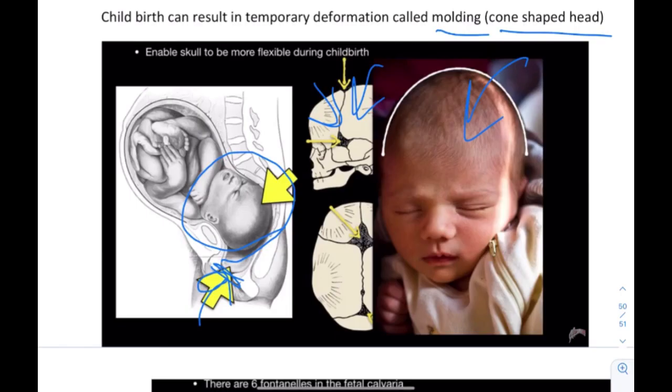And also another important function of these fontanelles is that they allow the developing brain to stretch the skull, because the baby's brain is going to be developing very fast relative to the development of the skull bones. So the fontanelles allow the skull to stretch when the brain is developing fast.